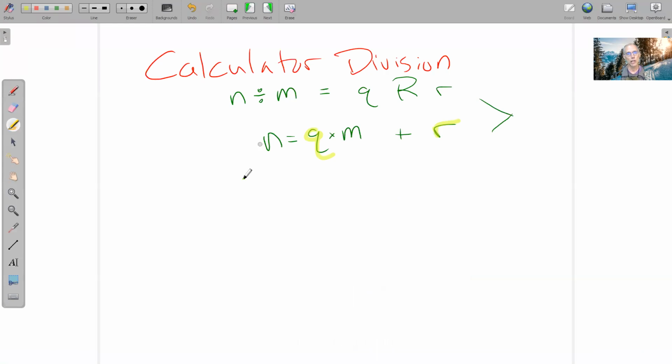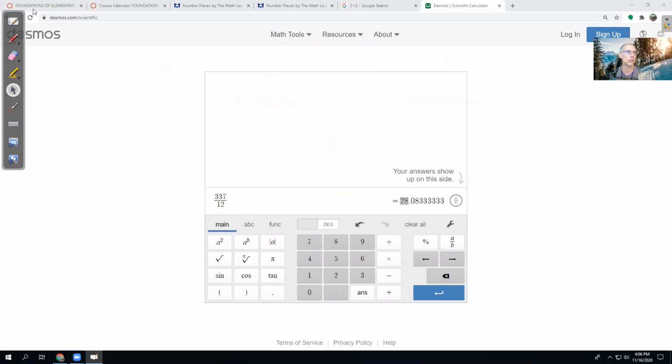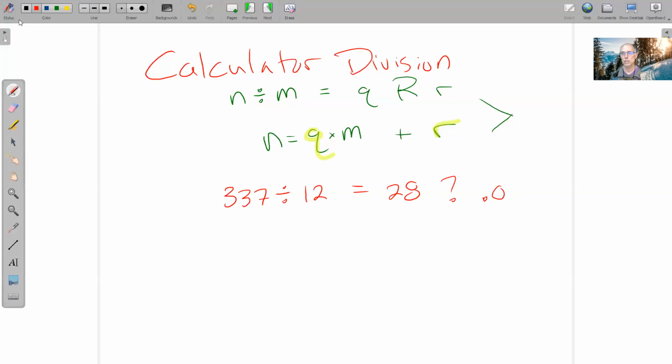So I started with 337 divided by 12, and my calculator quickly gave me the 28, but then it gave me 0.83333.